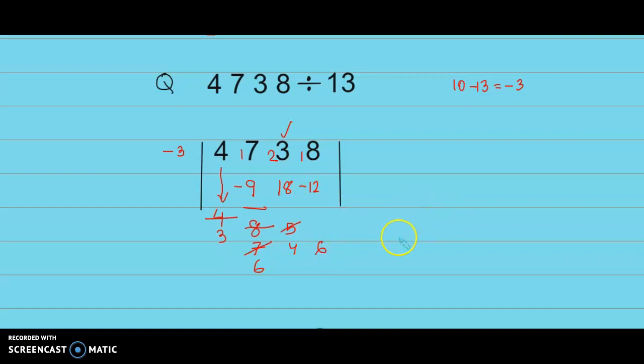So finally the numbers that are left are 3 6 4 6. So in this question the quotient is 364 and remainder is 6.